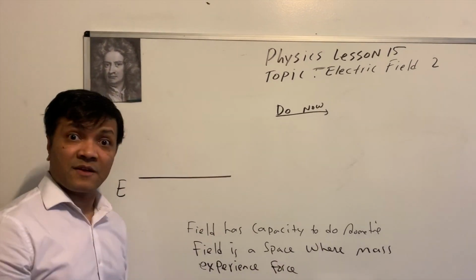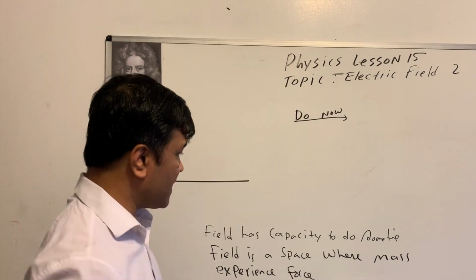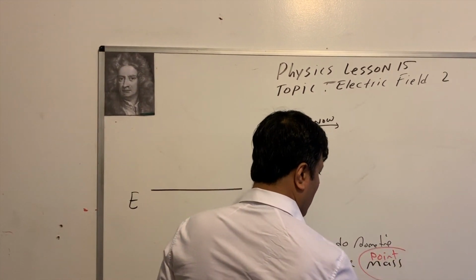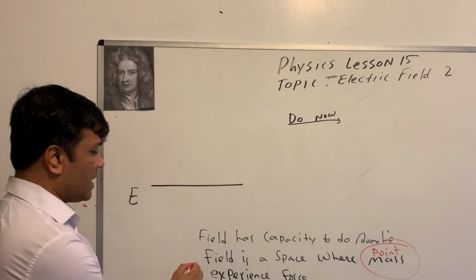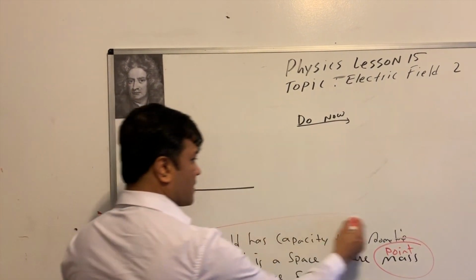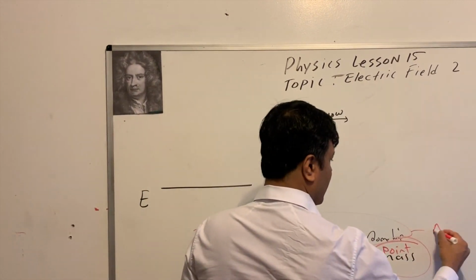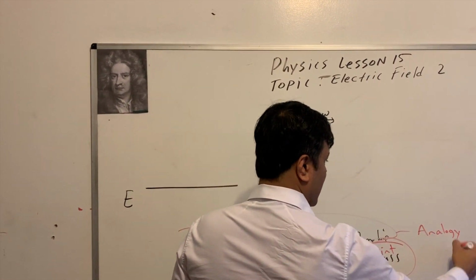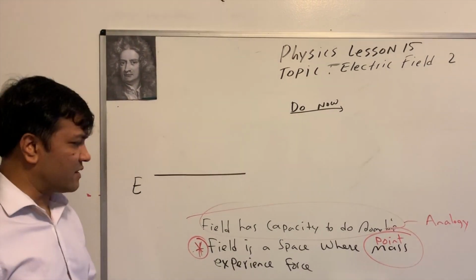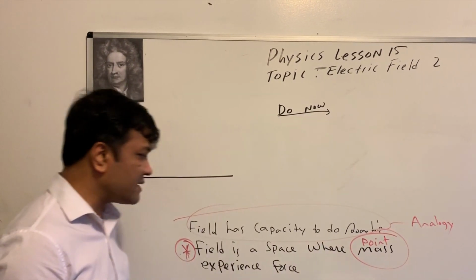What type of mass experiences force? Let's be precise, so you're going to call it point mass. Today our definition is a little bit more advanced. The earlier definition is for analogy, an analogy of the temperature field, and this definition is a textbook definition. Field is a space where point mass experiences force.